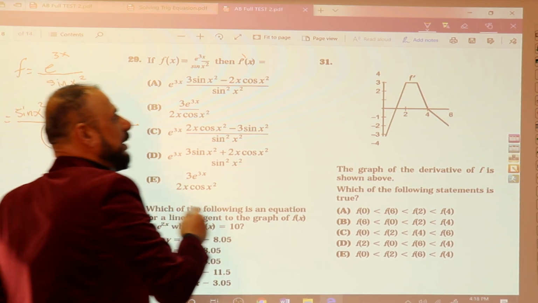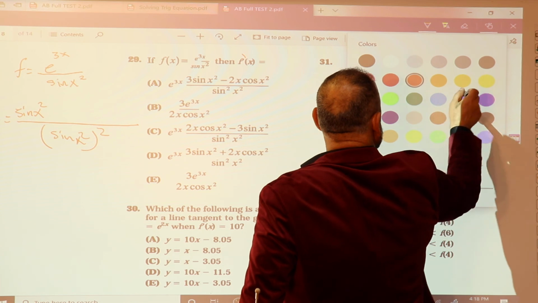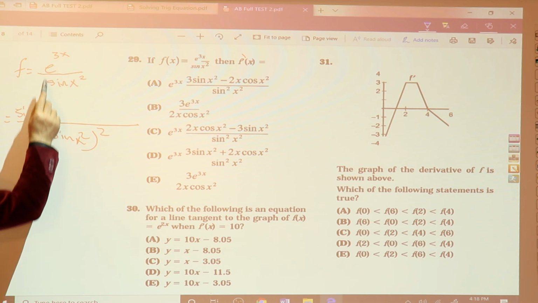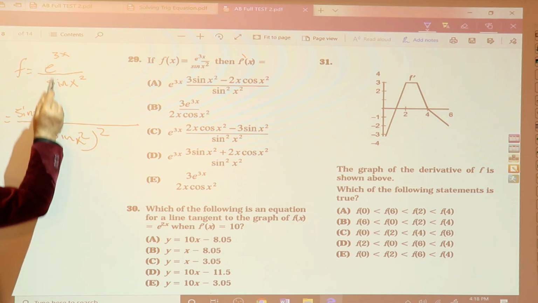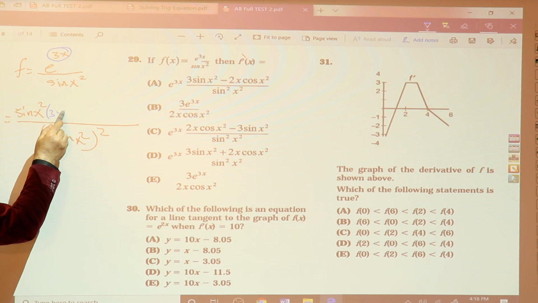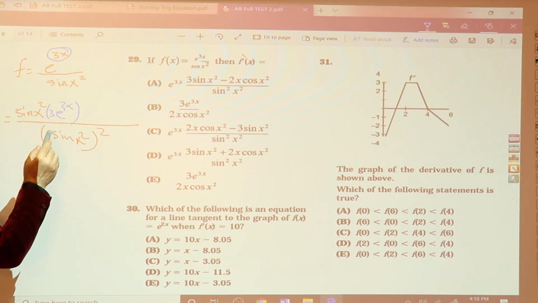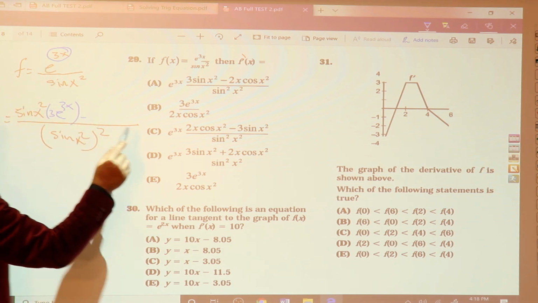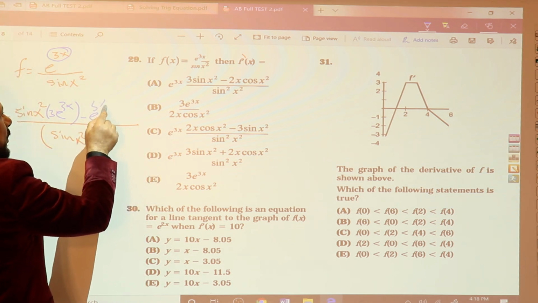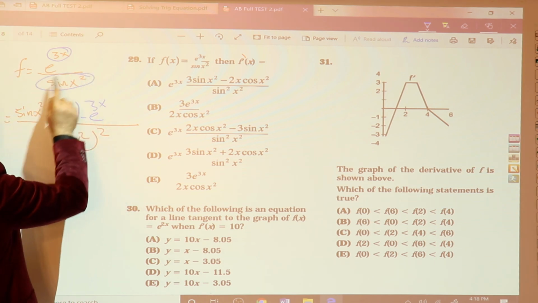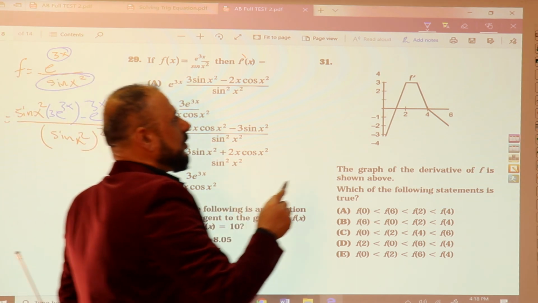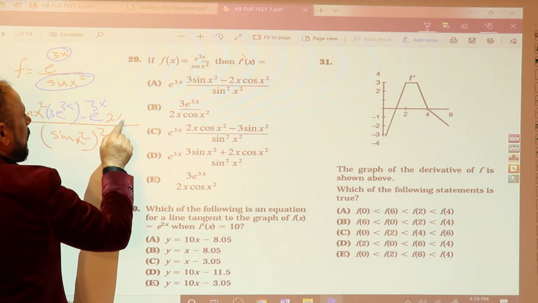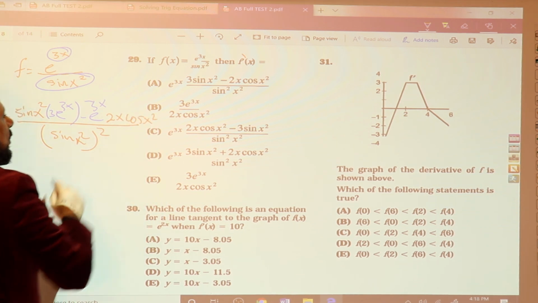Look how I do my way. What I did, I took the bottom, I left it as is, then squared. The derivative of the top is what? 3. You derive the exponent, which is 3, and you leave the exponential function as is. Now, minus, the top we have as is, e^(3x), and we derive which one? This guy. First you derive the angle. The angle is x square, the derivative of the angle is 2x, cosine x squared.